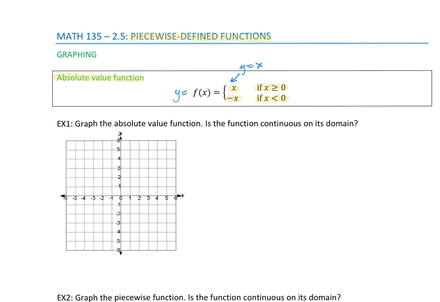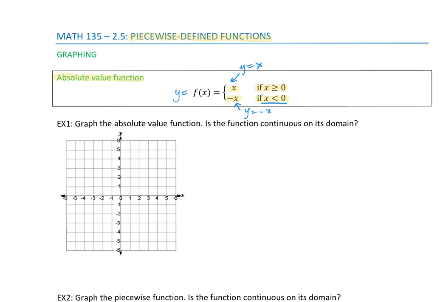So each one of these pieces is an equation, y equal to whatever it is. So on the negative x, that's actually y equal to negative x. So it says that if you put in an x value that's less than 0, then you get back a y value that's equal to negative x.